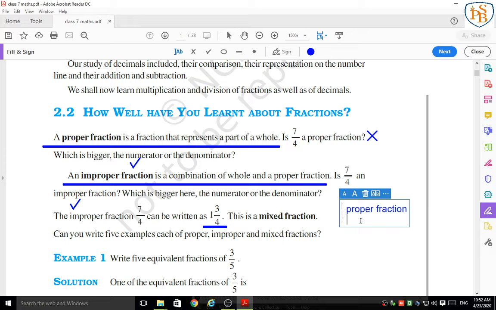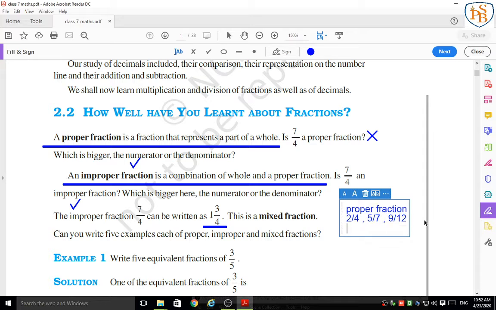You can write 2 upon 4, or 5 upon 7, or 9 upon 12. That means when you write a proper fraction, the numerator should always be less than the denominator.